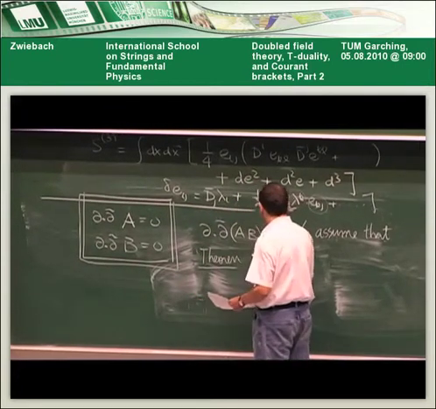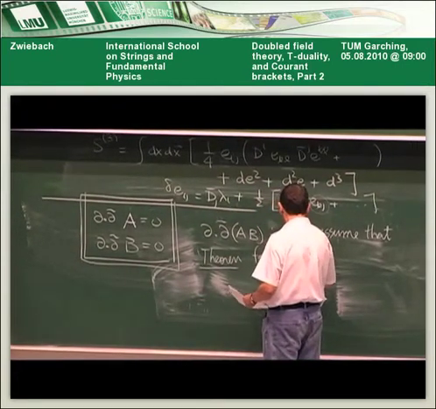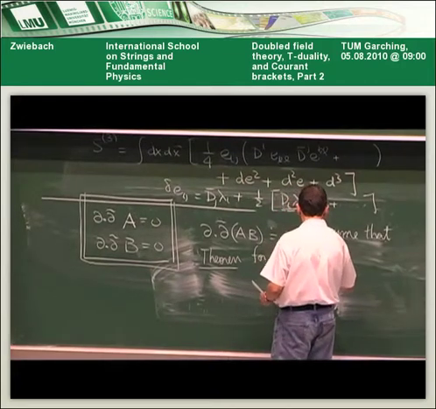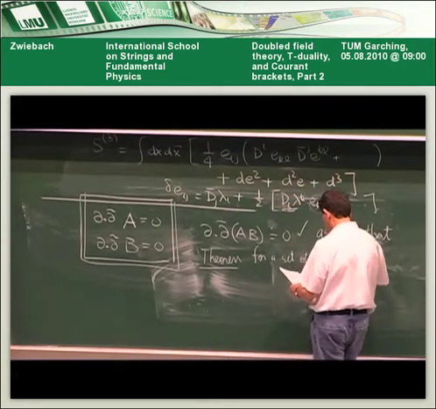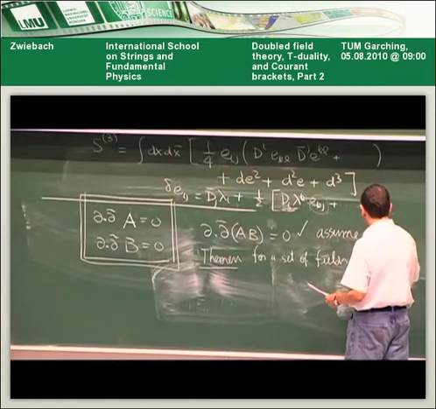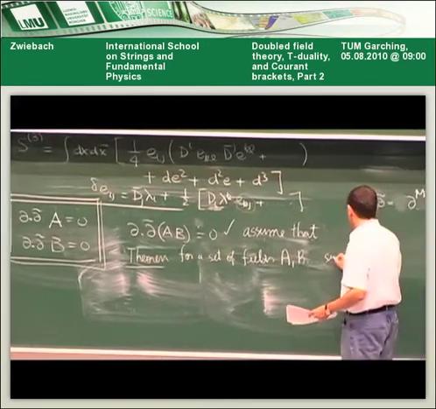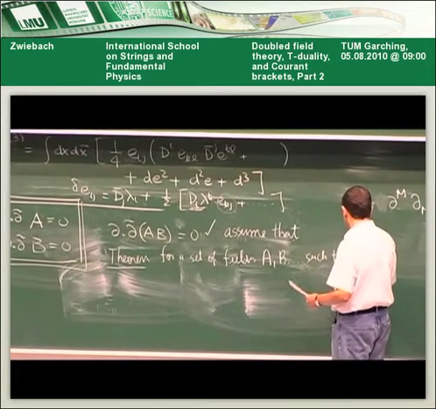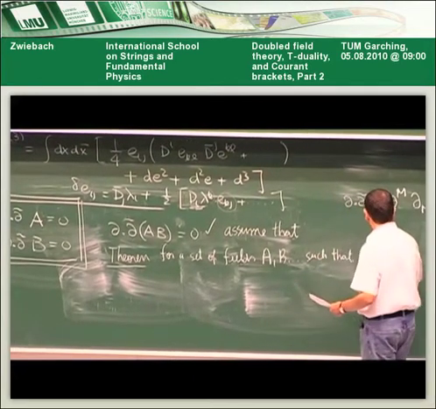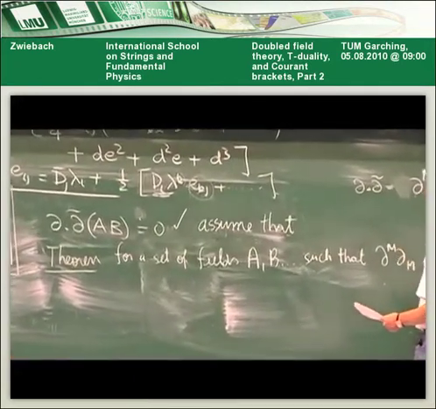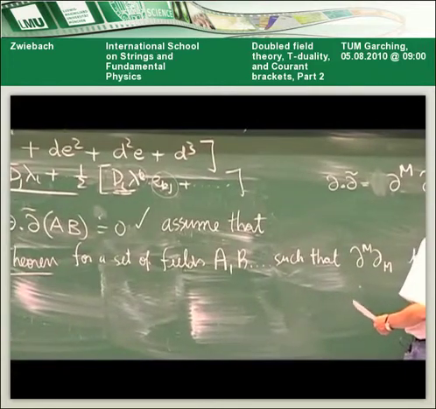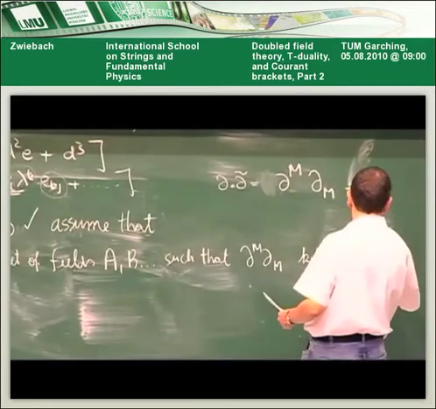For a set of fields A, B, C, such that dm kills all products.